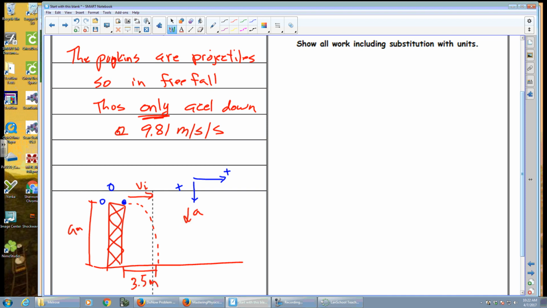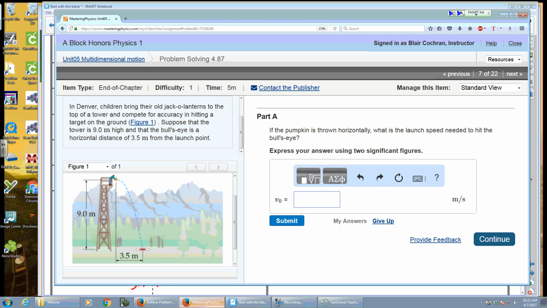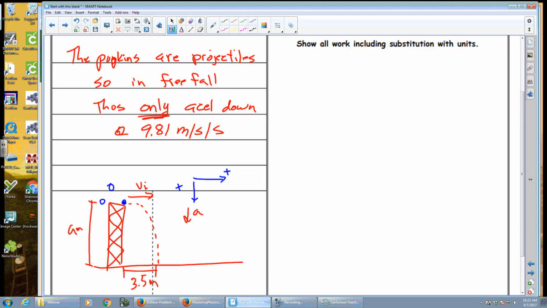So they want to know, it's always good, I always forget, what do they ask? What launch speed is needed to hit the bullseye? So let's see, some things I think I know. If I dropped a pumpkin, and I threw another one out horizontally, which one would take longer to hit the ground? They would hit the ground at the same time, as long as I throw it horizontally, right?